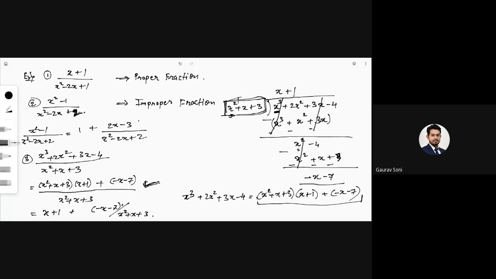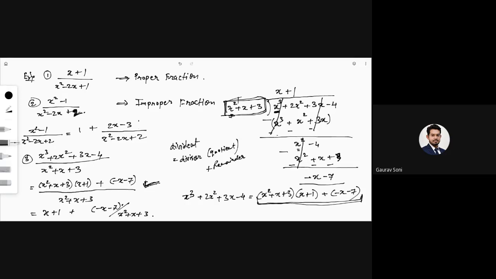This is just dividend is equal to divisor into quotient plus remainder.